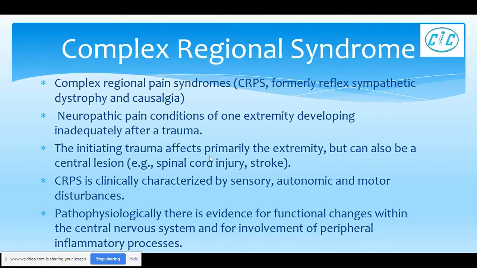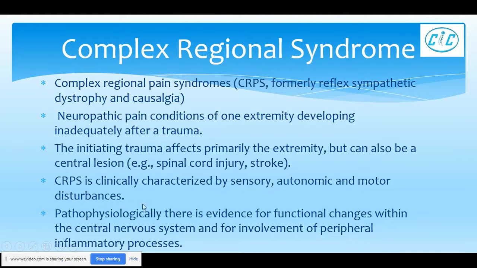And again, as mentioned in the second statement, it can be a central lesion, like a spinal cord injury or brain injury, in conditions like a stroke or whiplash. It is clinically characterized by sensory, autonomic, and motor disturbances, which means that all aspects of the nervous system will show some type of response to the injury.